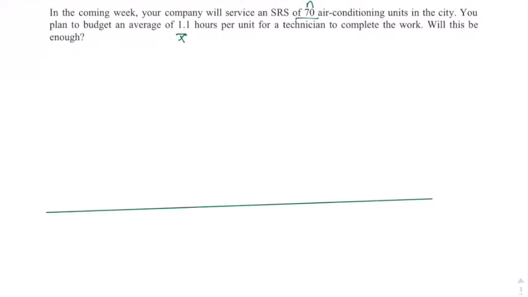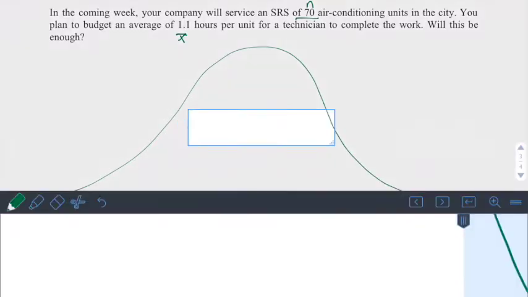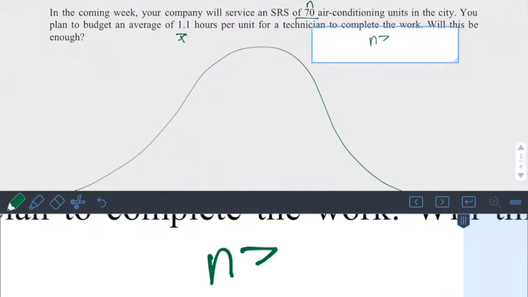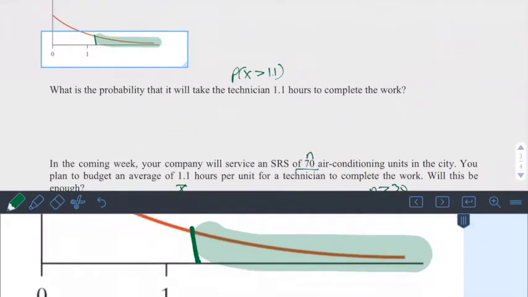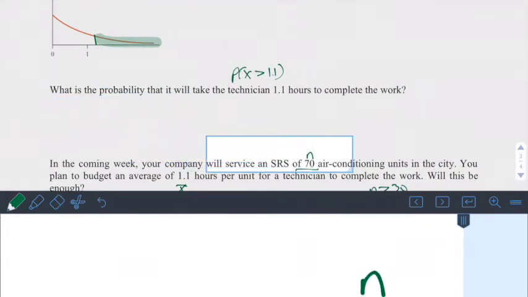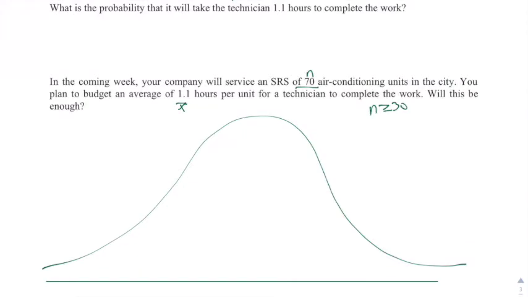First of all, I know it's going to be a normal distribution because n is greater than or equal to 30. So even though my population was very skewed, my sample size is so large that by the central limit theorem, my sampling distribution will be approximately normal.